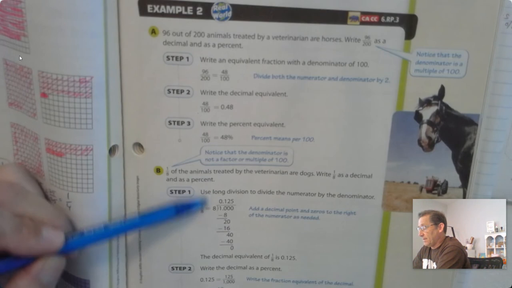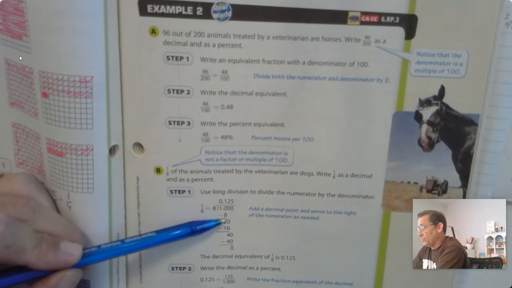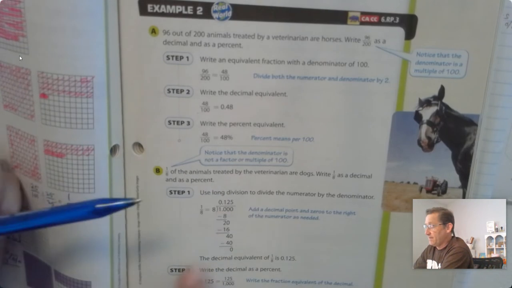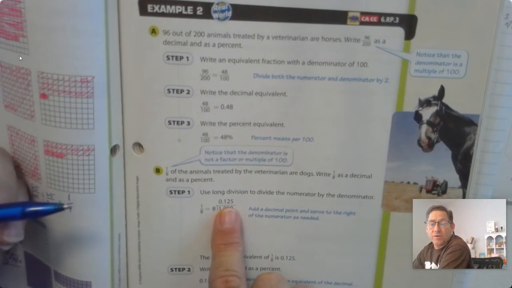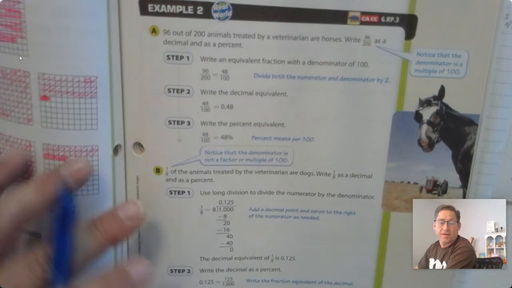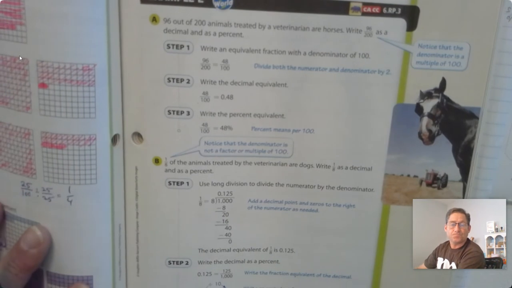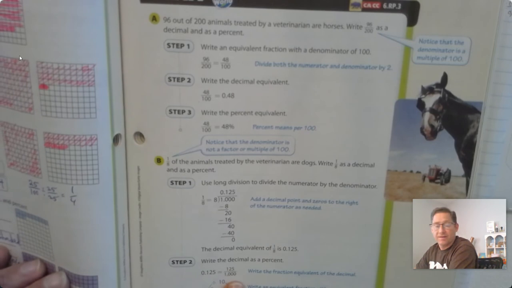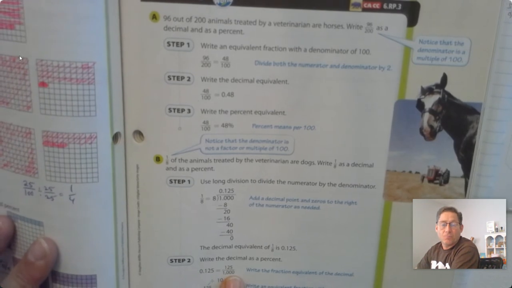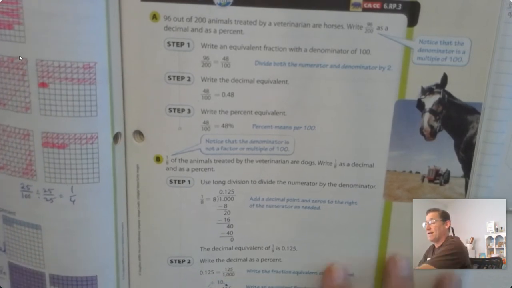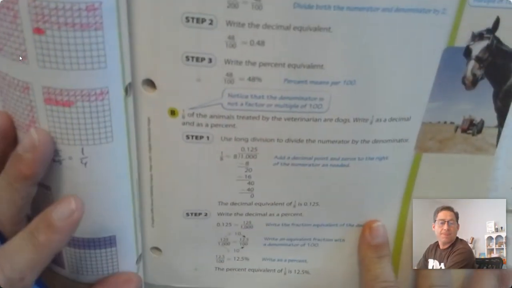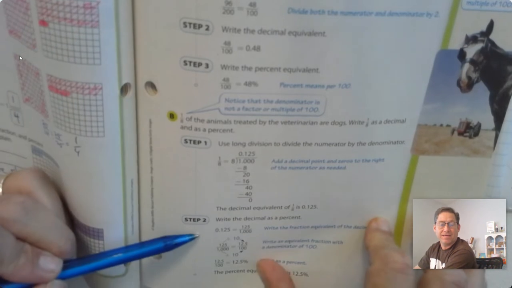So you can see as we do the long division, we wind up with 0.125. And we read that as 125 thousandths. Okay, well, as a percent, this is 125 out of 1,000. We want it out of hundredths, right?